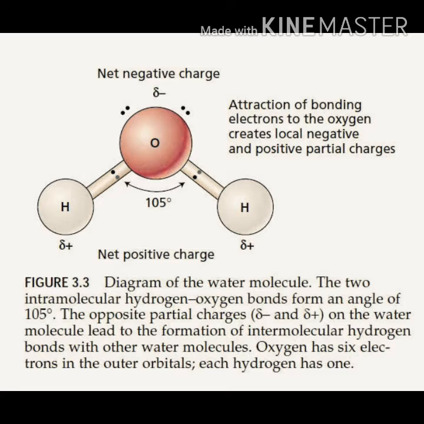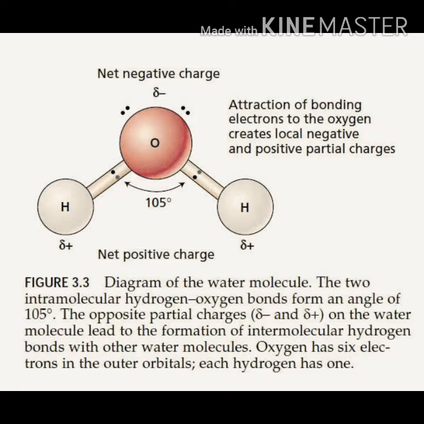Hydrogen, as we know, has a single atomic number. So in this covalent bonding, there is unequal sharing. Due to this, there is an electric dipole in the water molecule, one along each of the H-O bonds.